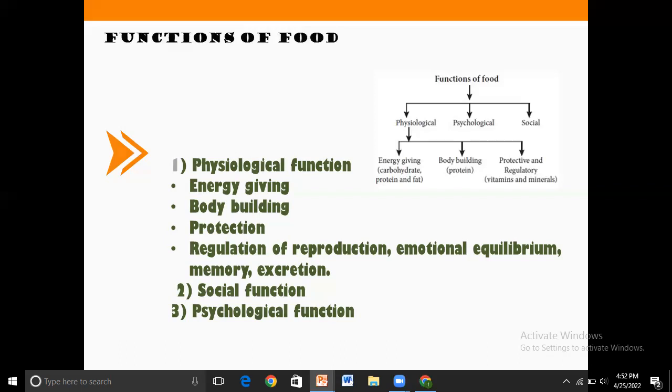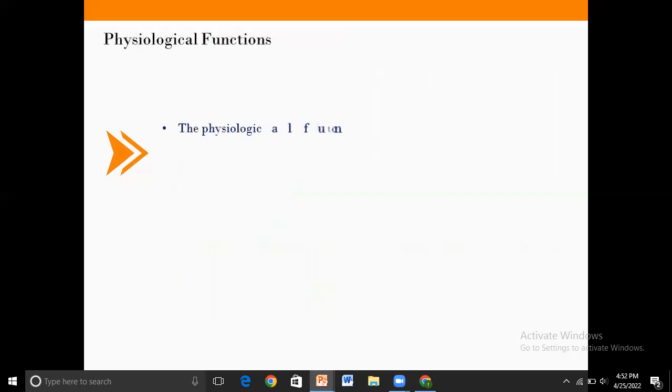Then psychological functions. So let's see about the different physiological functions.